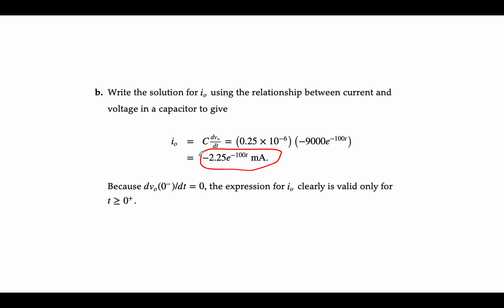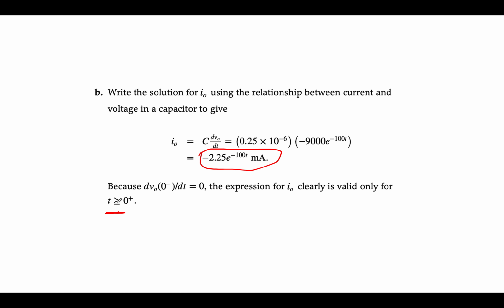Okay, now let's talk just a little bit about what happened with the capacitor current. Initially, for t less than 0, the capacitor was an open circuit and we had no current through the capacitor. Now, as soon as the switch moves, the current's going to jump from 0 down to minus 2.25 as soon as we've moved the switch.